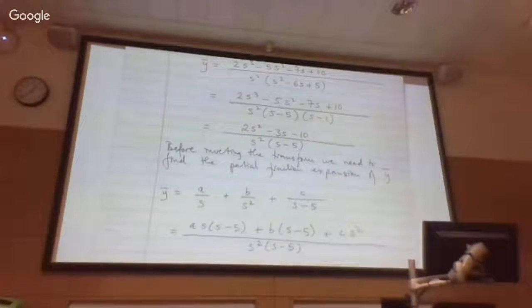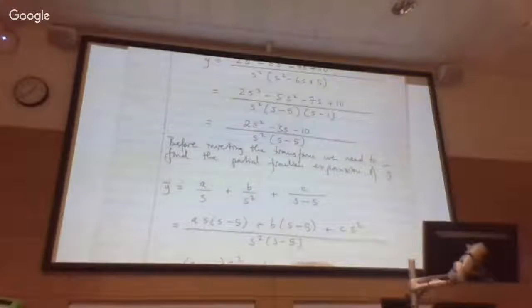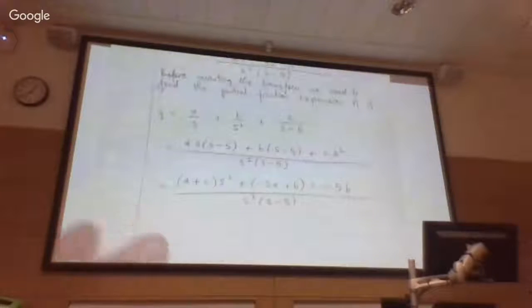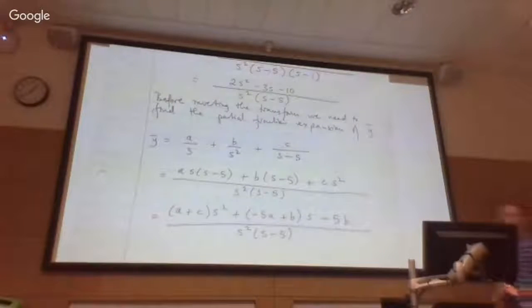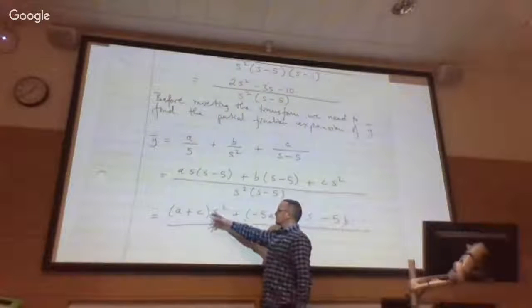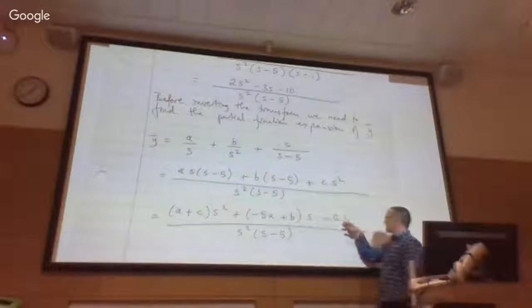So what quadratic factors do we have? We've got an A times s squared plus a C, so it's A plus C times s squared. What s's do we have? We've got minus 5A plus B times s. And then what constants do we have? We just have minus 5B. So I put that numerator polynomial back into standard form, something times s squared, something times s, constant.